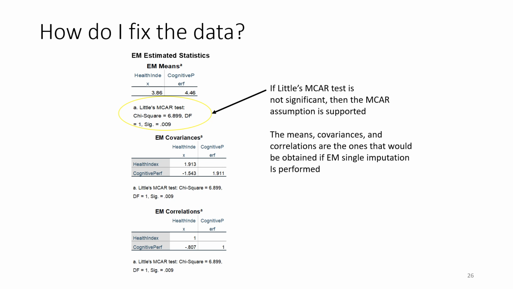Listwise deletion is probably the next best approach, and I think the poorest approach is mean substitution. Also in this output, we see what the means, the covariances, and the correlations would look like if we use expectation maximization to impute missing data.